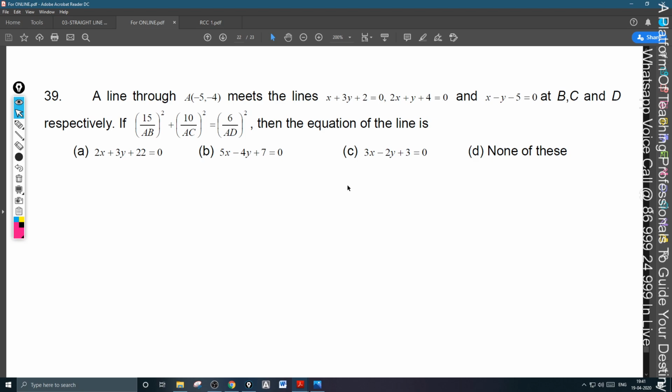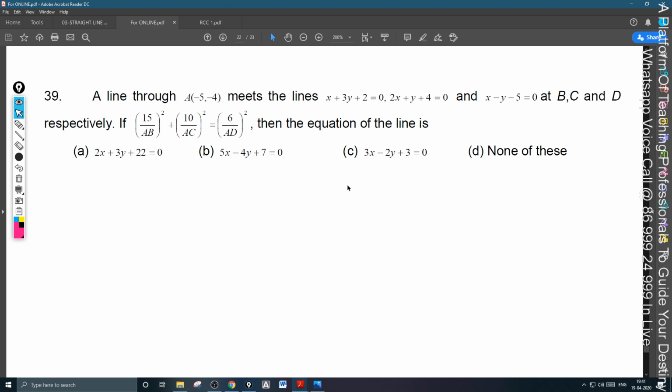The condition given is 15 divided by AB whole square plus 10 divided by AC whole square is equal to 6 divided by AD whole square. This is the condition given.